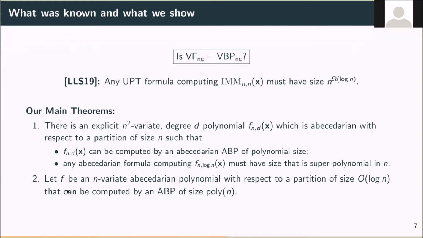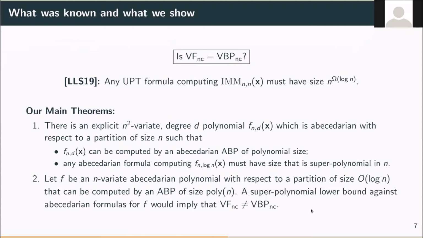Okay, so what is this saying? This is saying that if your hard polynomial is ABCD with respect to a partition that has small size, then any formula computing the polynomial can be converted to an ABCD formula, and hence giving a lower bound against ABCD formulas for this polynomial is enough to show a separation between VF and VBP in the non-commutative setting.